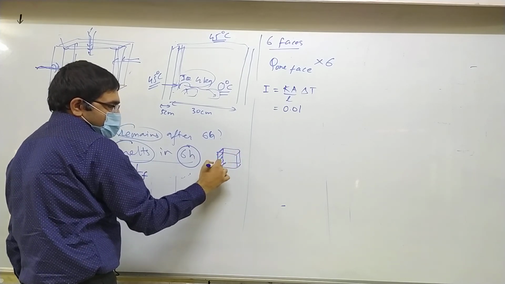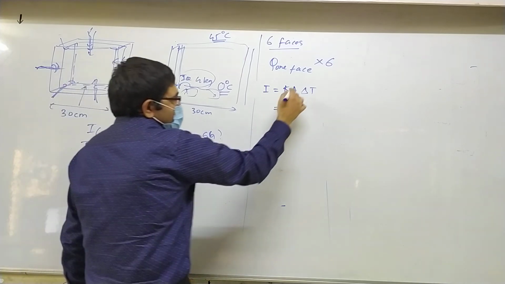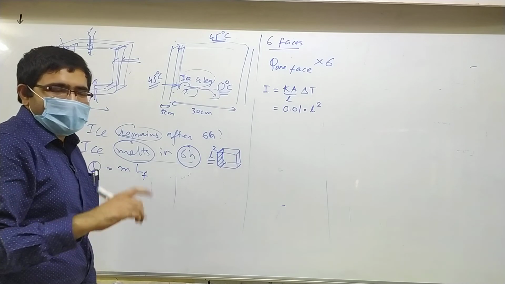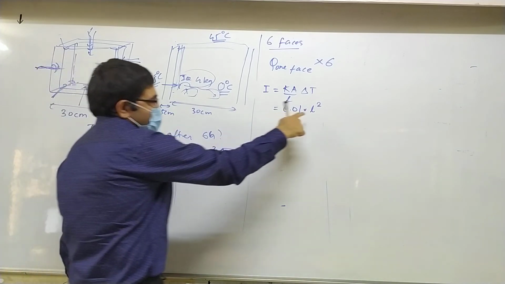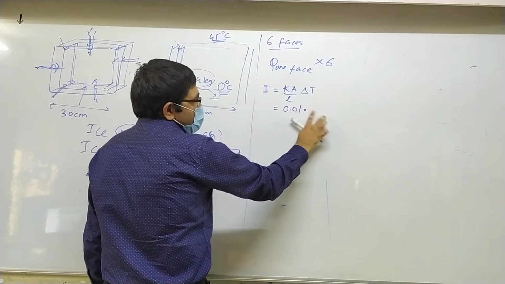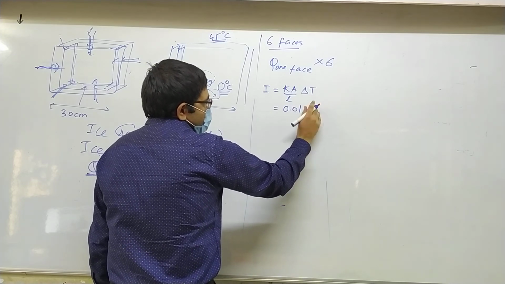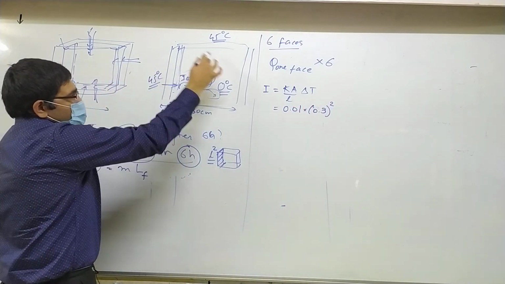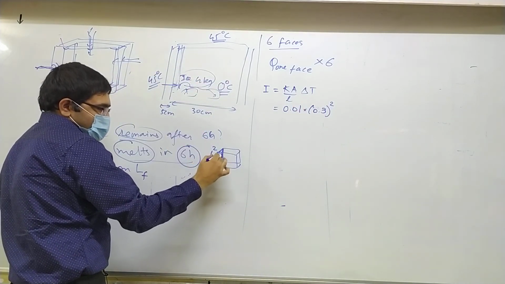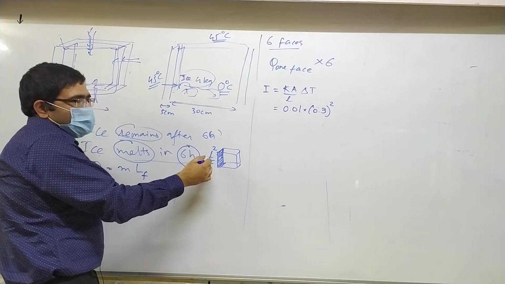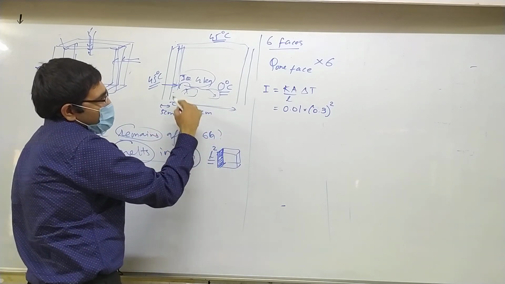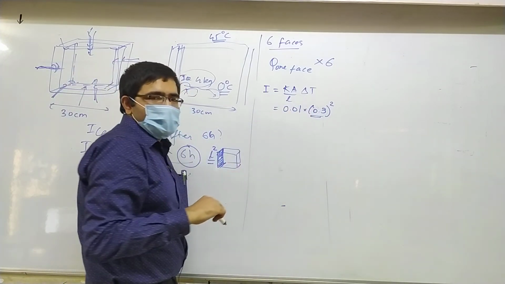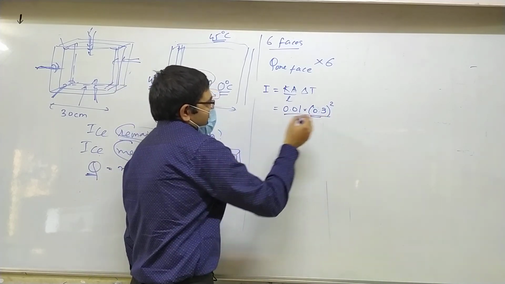So one face area is L into L, that is L square, where L is the side length of the cuboid, which is 30 centimeter, or 0.3 meter. So the area is 0.3 squared, divided by length L.